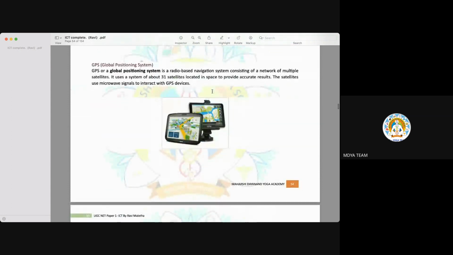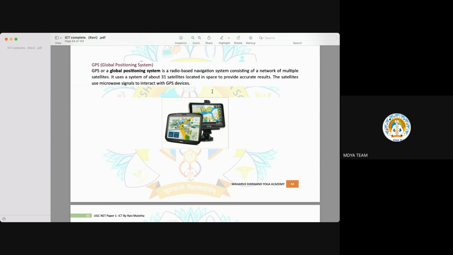And now the GPS, which is the Global Positioning System. You know the particular location of a device or vehicle or person, where it is at present. So for that, there is a system, a radio-based navigation system consisting of a network of multiple satellites, and your computer is in contact with those satellites, and they give the particular location of the system, where it is within the whole globe.